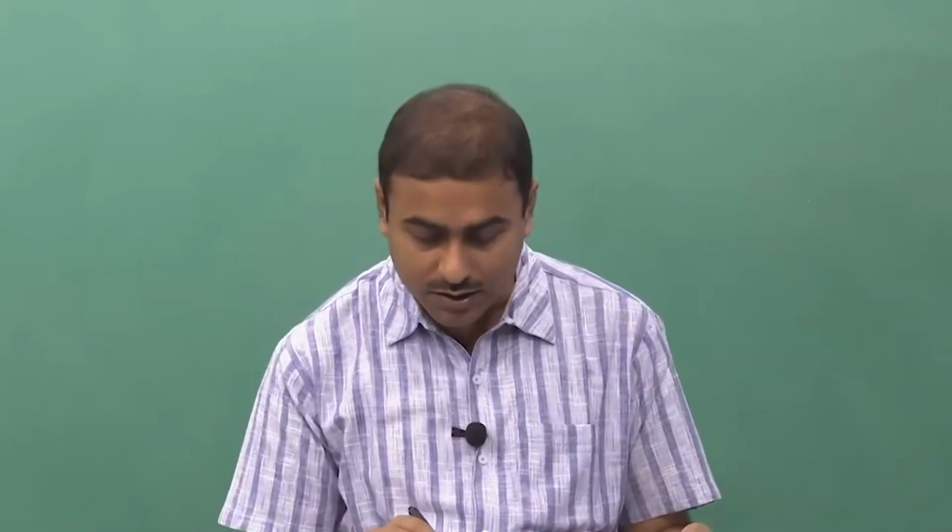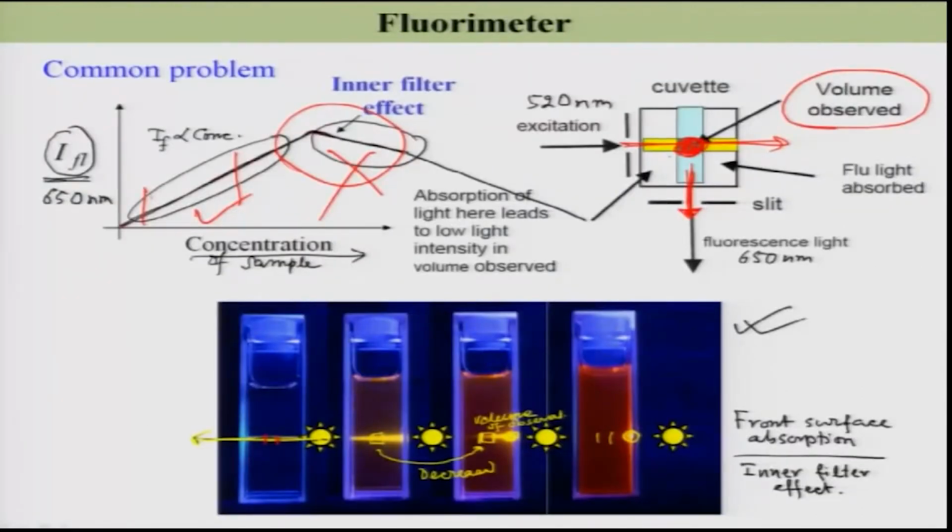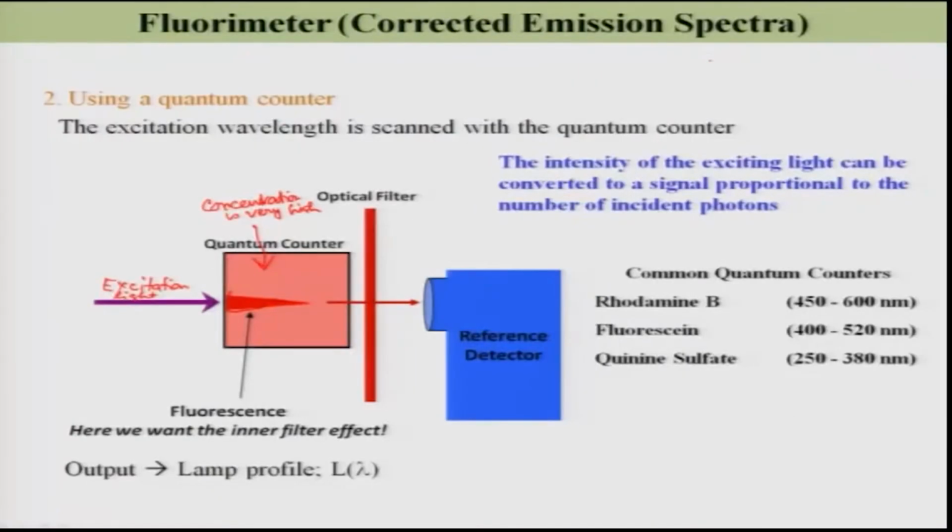And once it is absorbed, you can get the emission from the front surface of this. So in this case the geometry is different. Please make sure that in the quantum counter case the geometry is not like this; the geometry is different. We will collect this emission either from the front surface or at a certain angle.